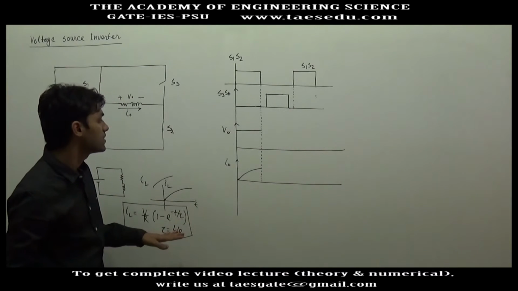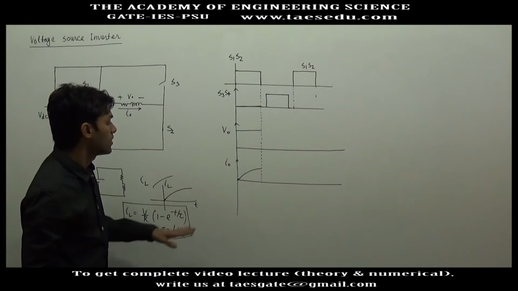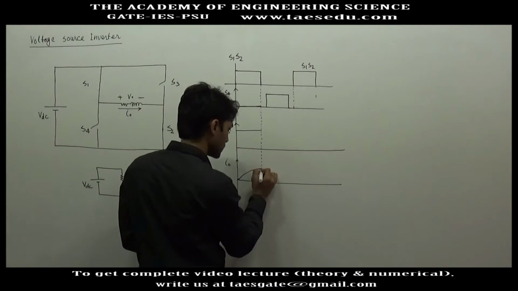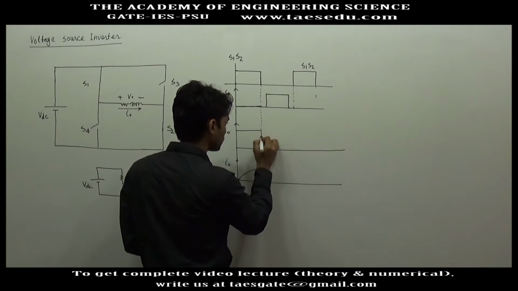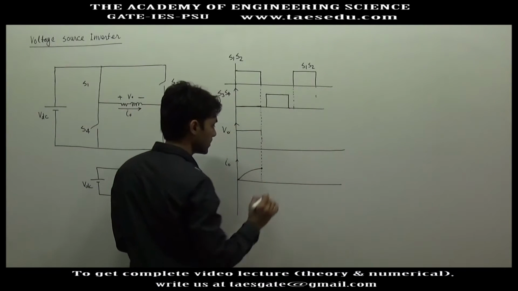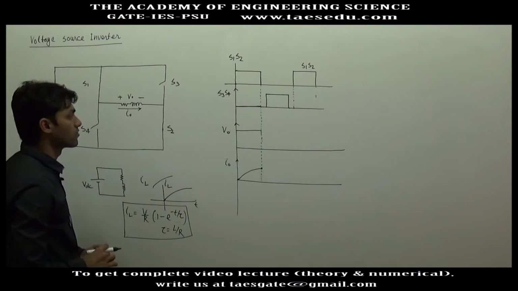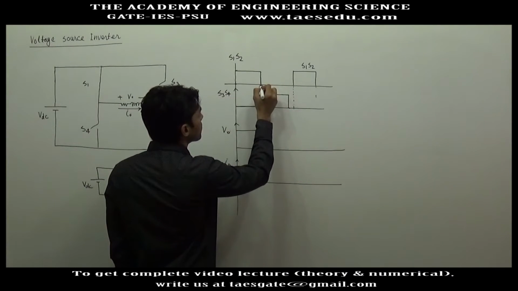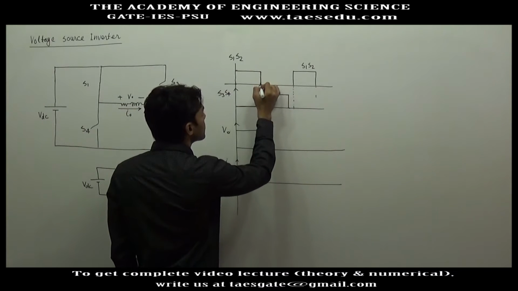But in a steady state, the inductor current cannot start from 0. So at this point the inductor has gained a significant amount of current, and let's say here S1 and S2 are disconnected.